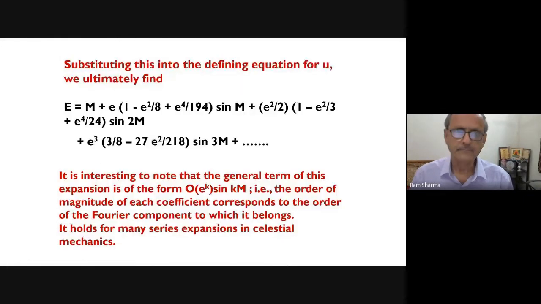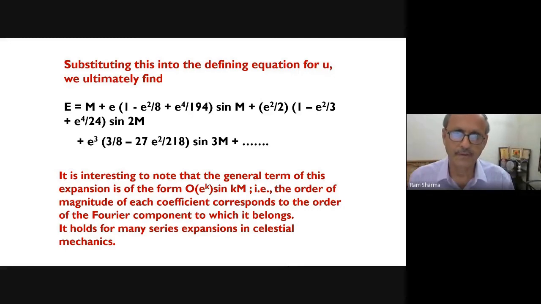And substituting this into the defining equation for U, we ultimately find E equal to m plus (e minus e cube by 8 plus e^5 by 192) sine m plus (e square by 2 minus e^4 by 6) sine 2m, and like that you get a solution. It is interesting to note that the general form of this expansion is e raised to k times sine km.